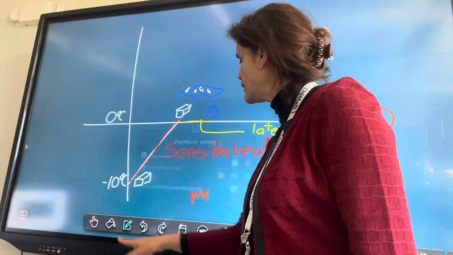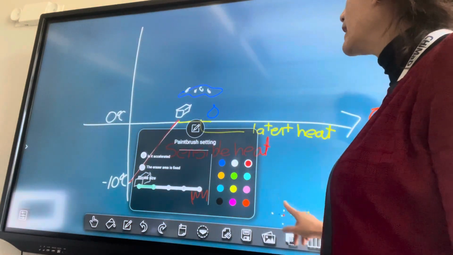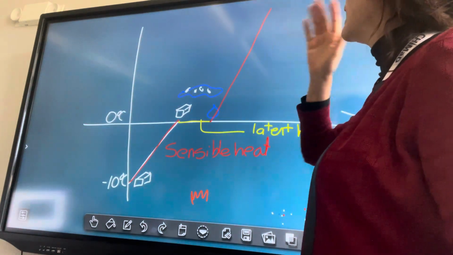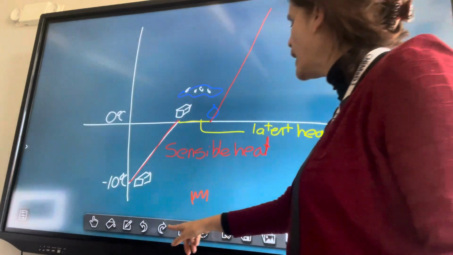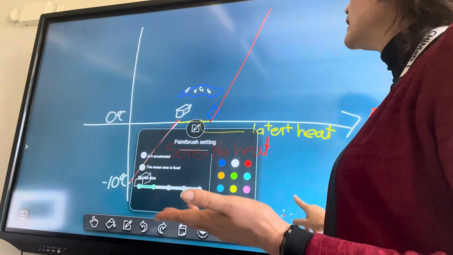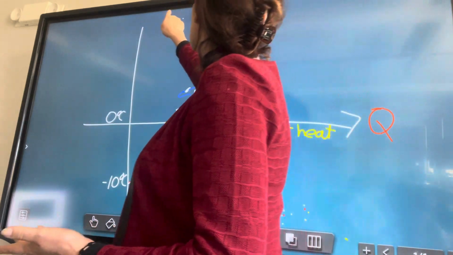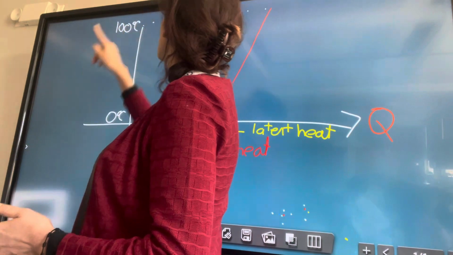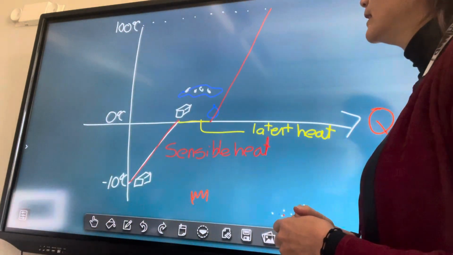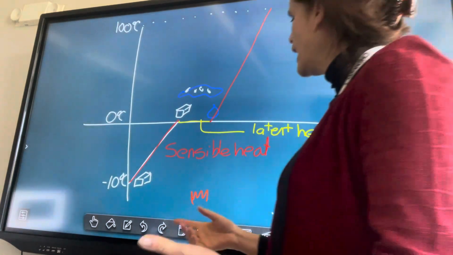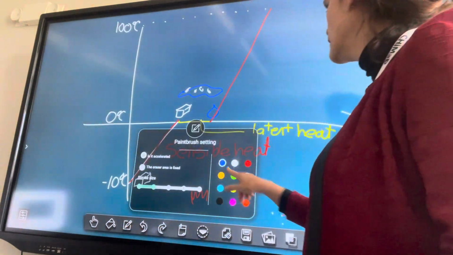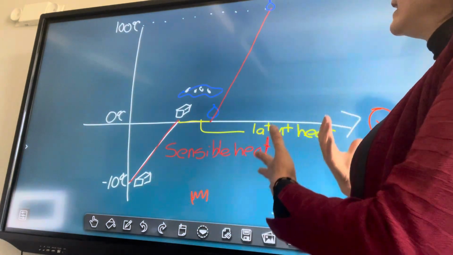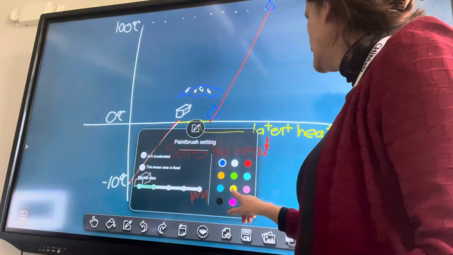But once all the water turns into a liquid, we can go back to our sensible heat, the one that makes more sense. The water will continue to gain energy and absorb it until it gets to about 100 degrees C or 212 Fahrenheit. At that point, we still have liquid water, but if it gains any more energy, it's going to start turning into a vapor.